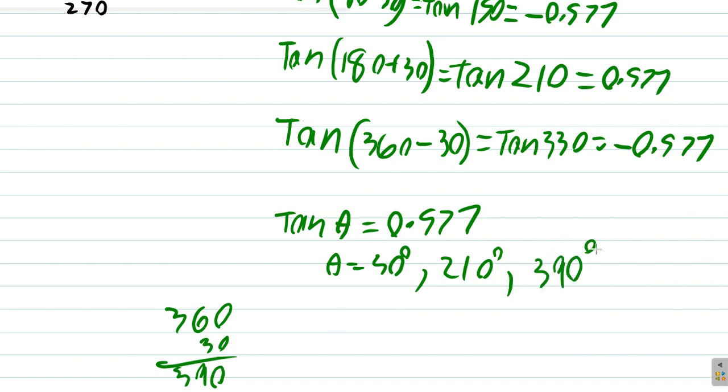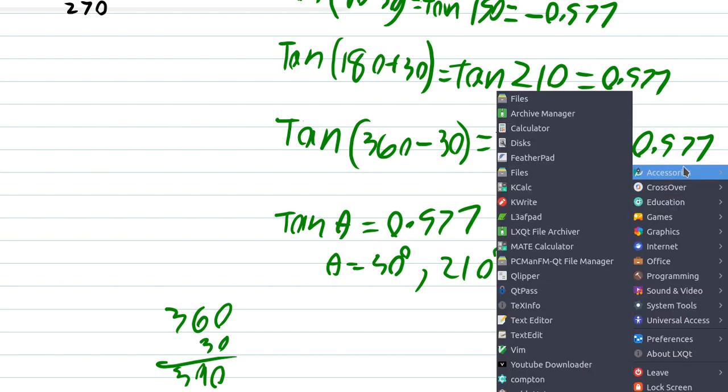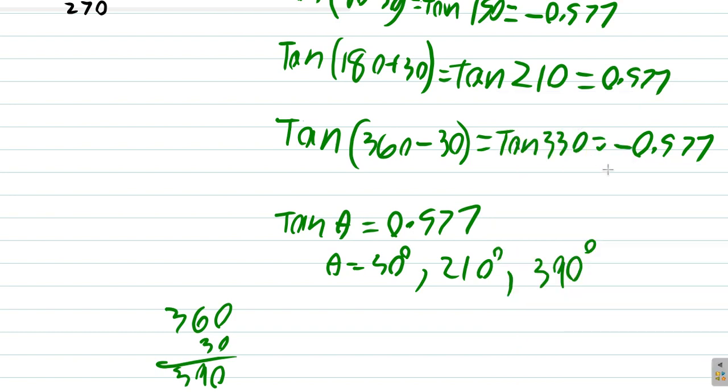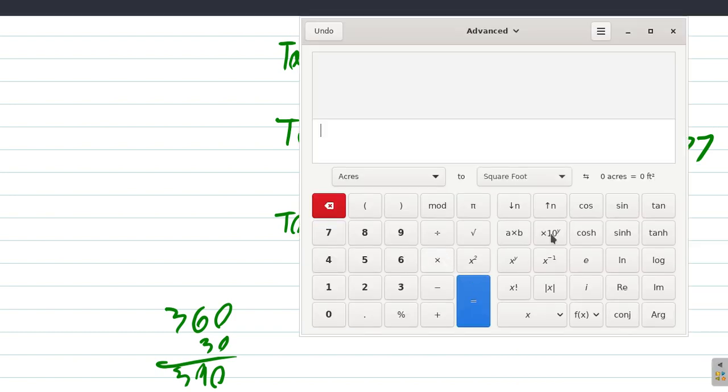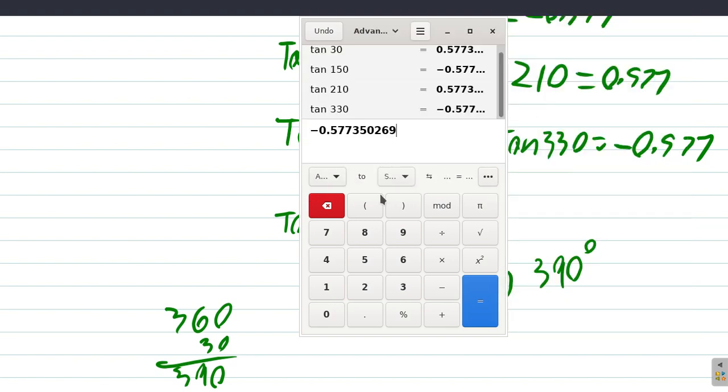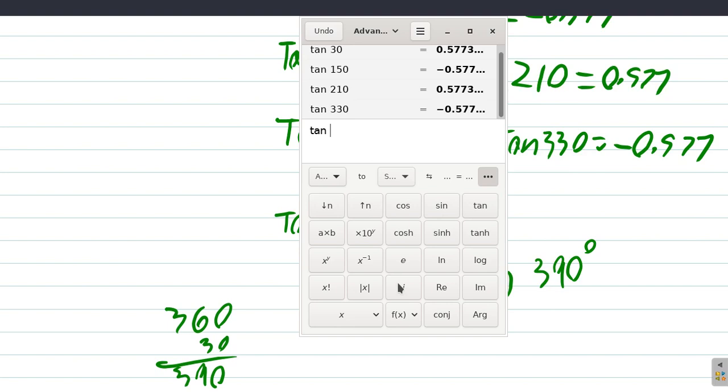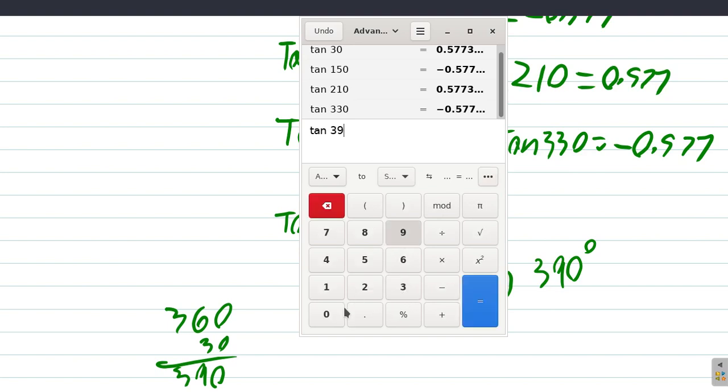Is the tangent of 390 0.577? Let us see. We want to find the tangent of the angle 390. That equals 0.577. 390 works.